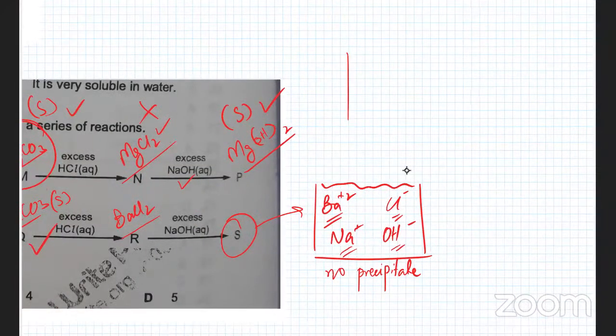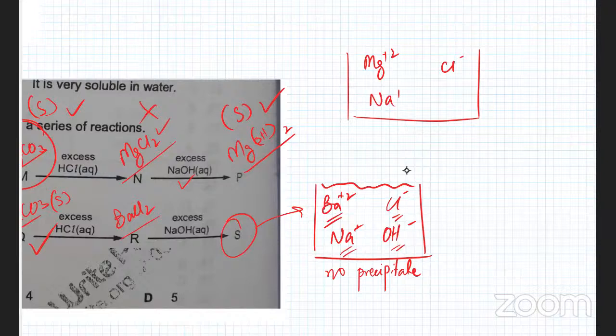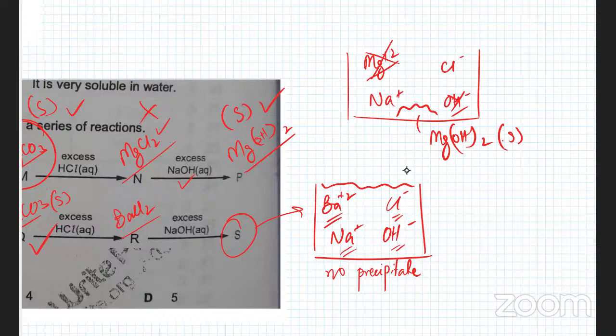If you mix magnesium chloride, which is soluble, so its ions get scattered in water, with NaOH, they don't have any typical reaction, but magnesium ions and OH ions will combine and form an insoluble precipitate of Mg(OH)2, because it's insoluble. That's why precipitation is happening.